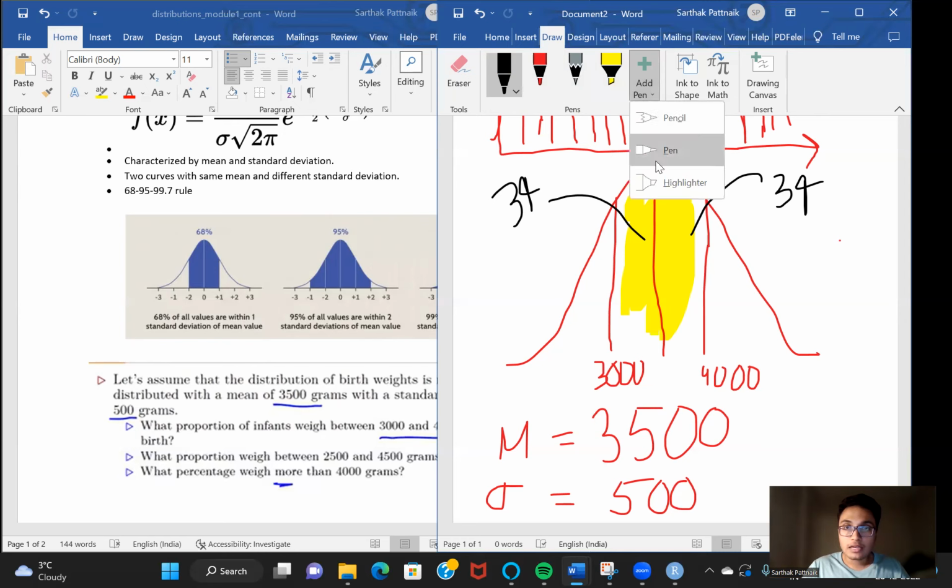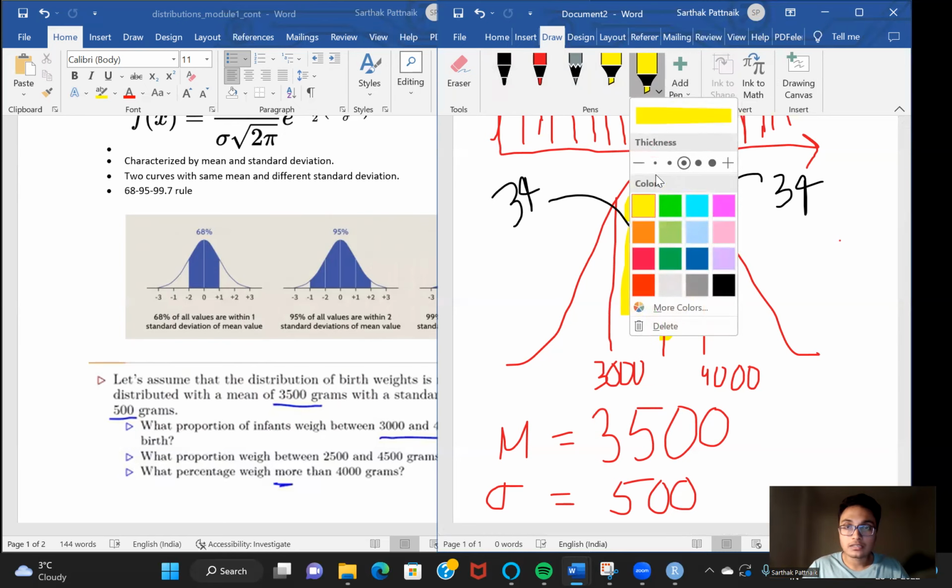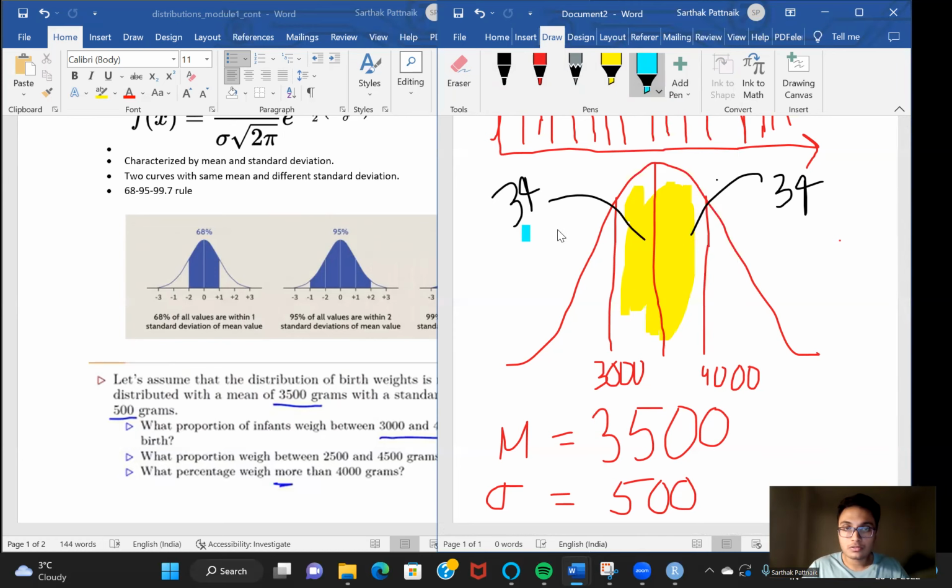So I'll add another highlighter. Preferably I'll take blue. So this complete thing, which is towards the left, which is marked in blue, this is 50%.